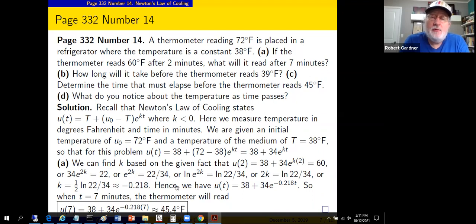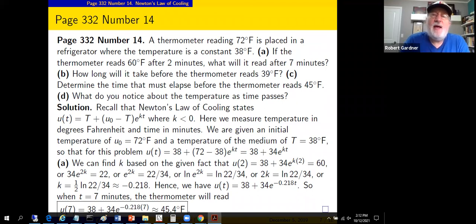Now we know U is a function of T specifically. So we've got all the parameters to express U as a function of T. We know capital T, we know lowercase u sub 0, and lowercase k. Lowercase t itself is a variable, so it changes. But all these other things were constants, and we found all of them with the information given.